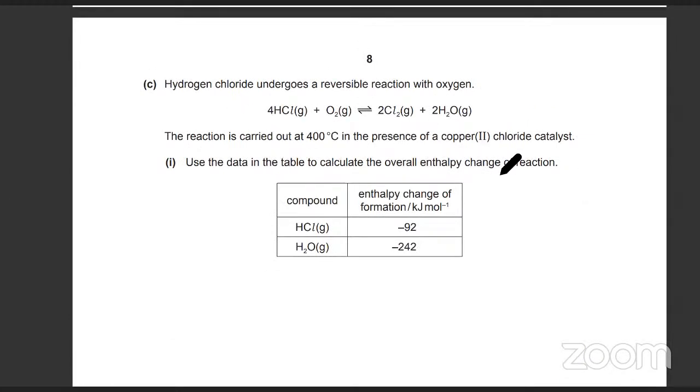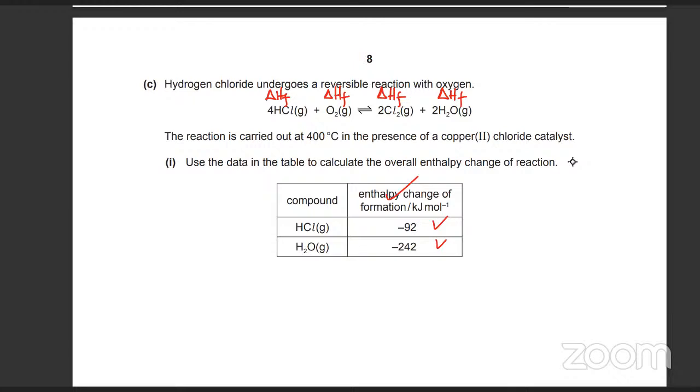Use the data to calculate the overall enthalpy change of the reaction. When you're given the enthalpy change of formation of HCl, the enthalpy change of formation of the elements is always 0. Chlorine is an element, so that's also 0. The enthalpy change of formation of water is also provided. So both these values are provided.